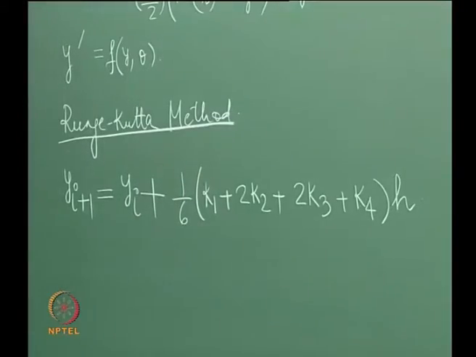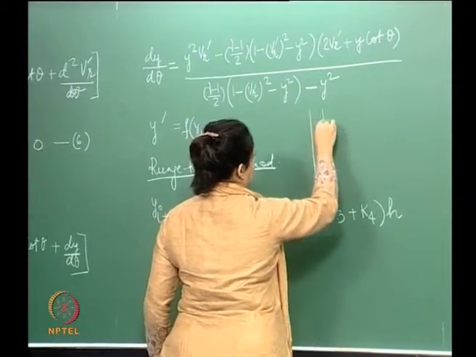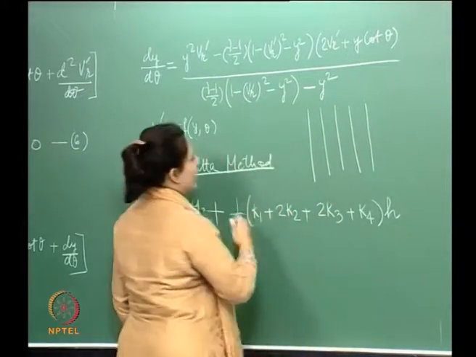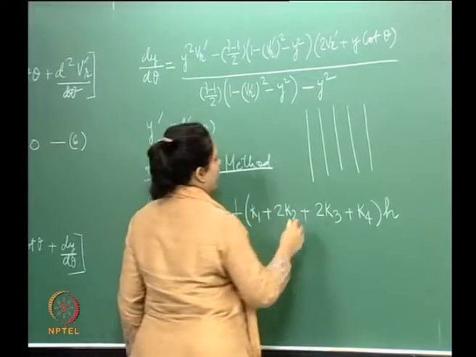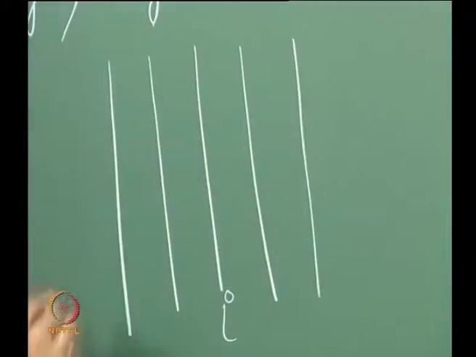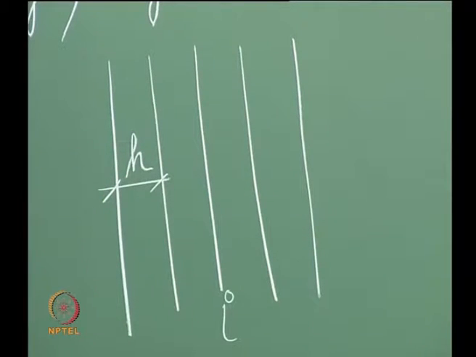So essentially let me just do this over here. I have some domain like this. Let us call this i, and these are all equal divisions.